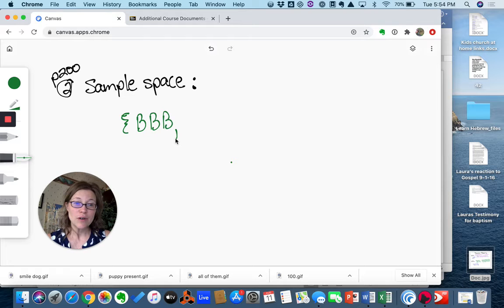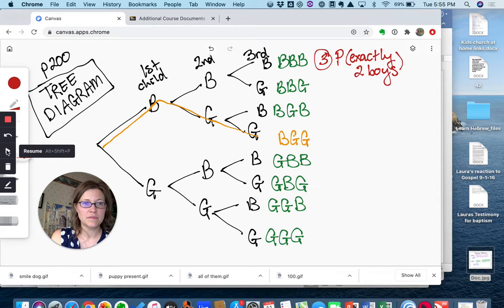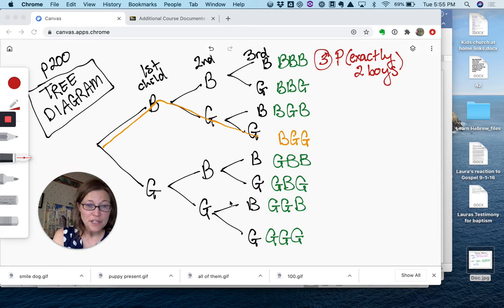So it's good to have kind of a systematic way of putting them down, and just working your way down through the tree diagram is a great way. Boy, boy, boy, boy, boy, girl, and so on. You can go ahead and press pause and finish that. Now when you're listing your sample space, you can double check and make sure that you didn't forget any of them by counting, and make sure that you have 8 entries.